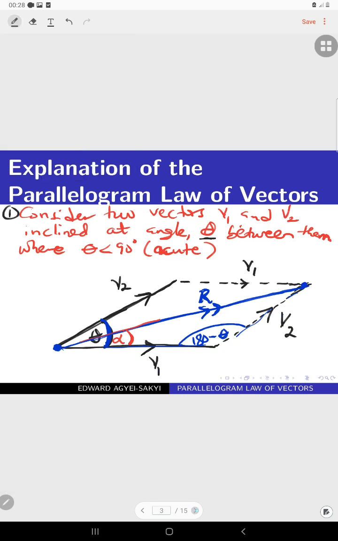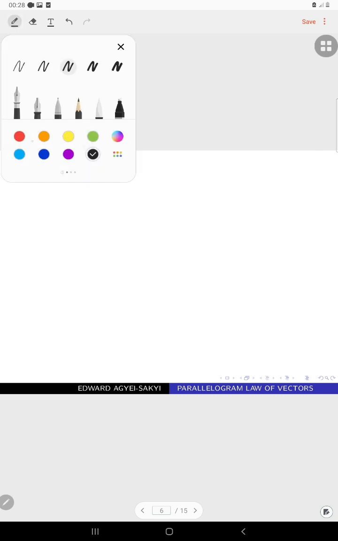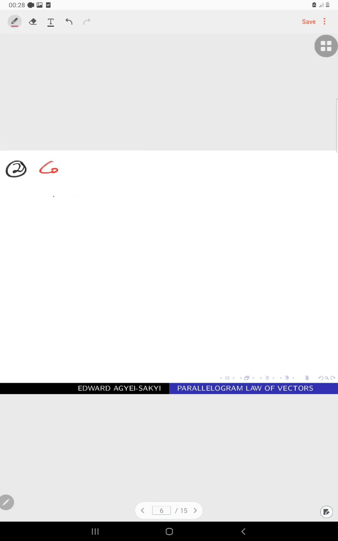Okay. Now let's look at case 2. What we've looked at so far is case 1. Look at case 2. In case 2, we are considering when it is obtuse. Consider V1 and V2, okay?